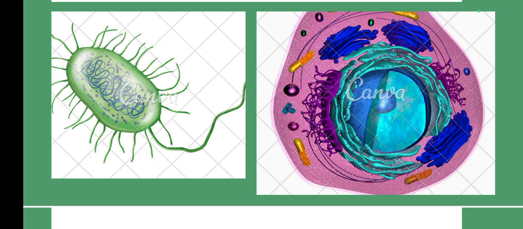In eukaryotes, they are present. Cell organelles such as mitochondria, plastids, endoplasmic reticulum, Golgi apparatus, and lysosomes are present, whereas in prokaryotes they are absent.